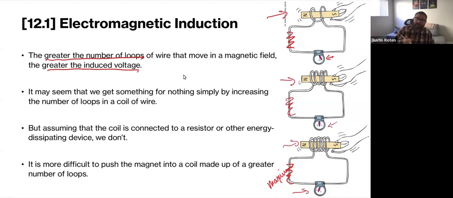Also, when you try to push a magnet through, the more coils you have, it actually gets more difficult. You have more resistance on that magnet. So you still have to add additional energy to fight that resistance while you also have to add energy to move the magnet.